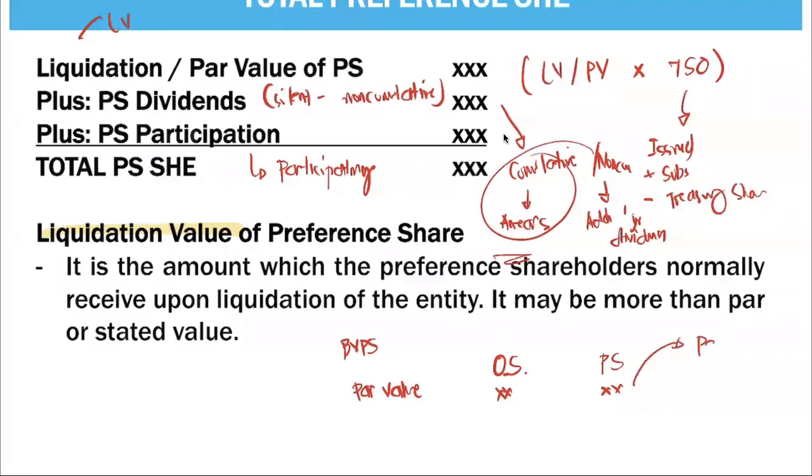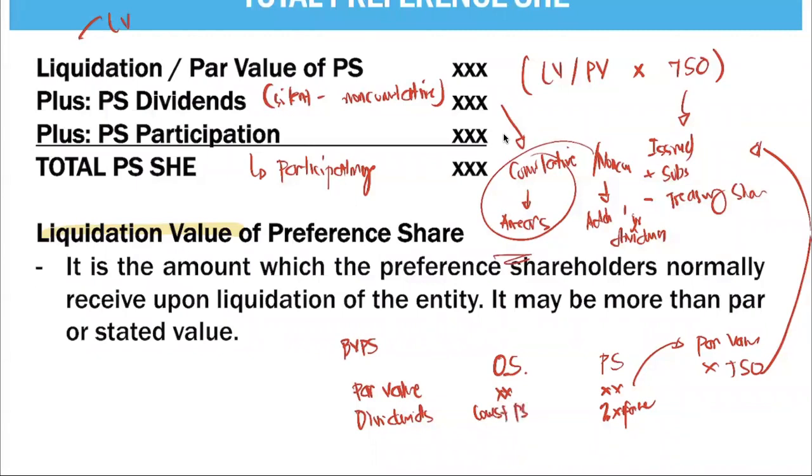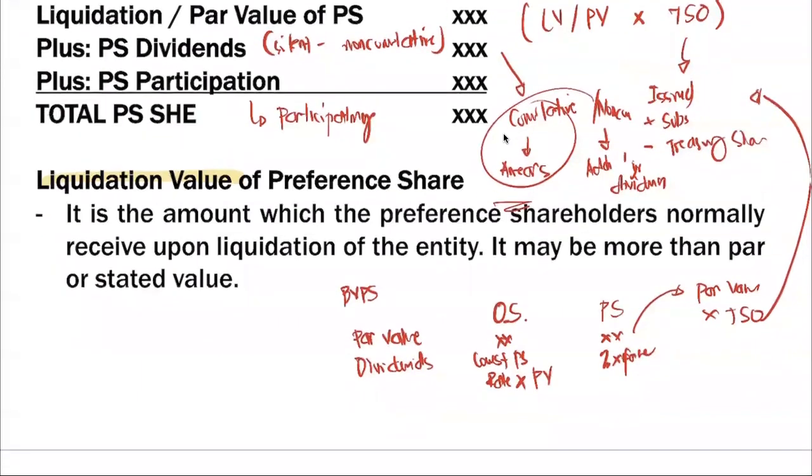That is equal to your par value multiplied by your total share outstanding. What is your total share outstanding again? Your issued plus subscribed less treasury shares. You give your dividends in case there are dividends. So the dividends for PS, of course, that is the percentage multiplied by the face, while your OS is based on your lowest PS rate, lowest preference rate multiplied by your total par value.